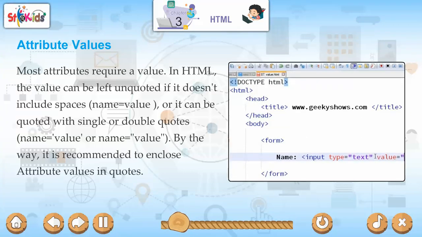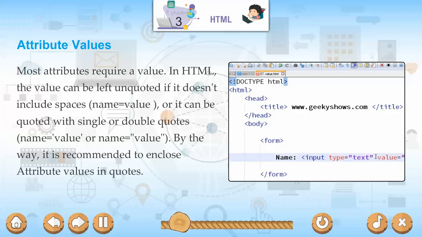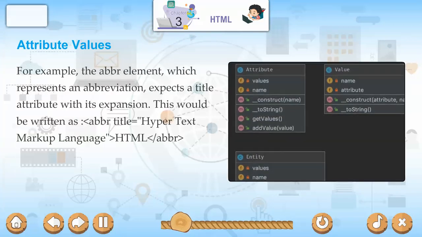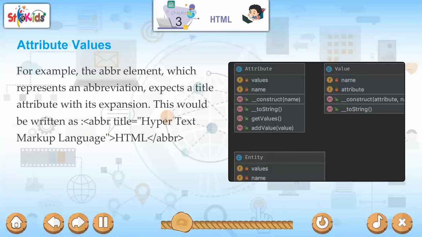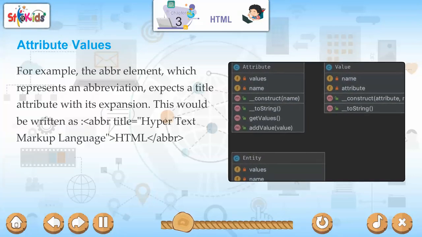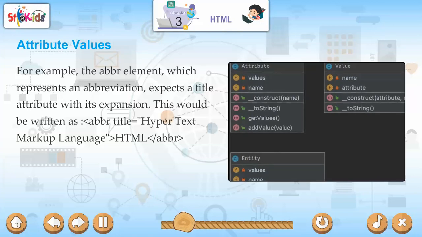By the way, it is recommended to enclose attribute values in quotes. For example, the ABBR element, which represents an abbreviation, expects a title attribute with its expansion.